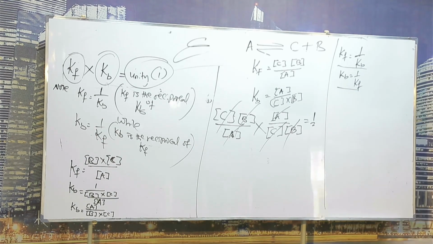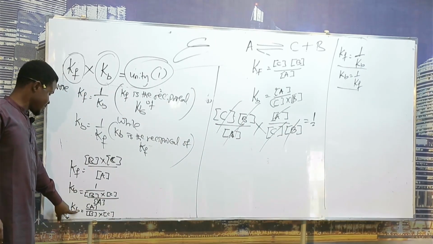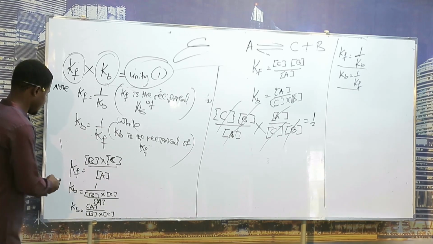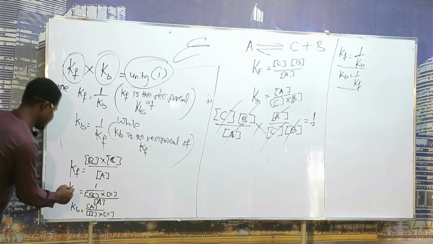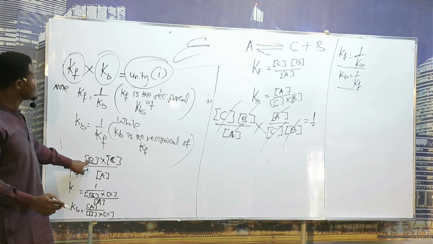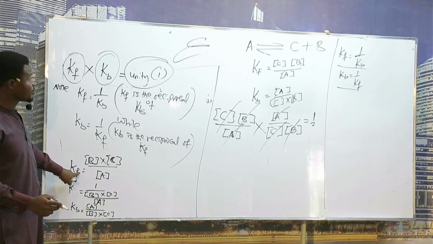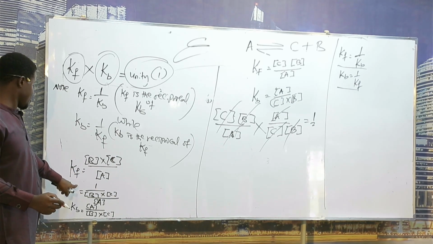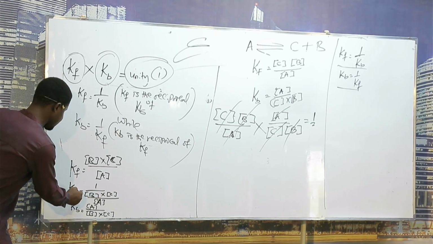It should be what? Is it KF? Yes. It is not even F first, it's B. So reciprocal, this is KB now.